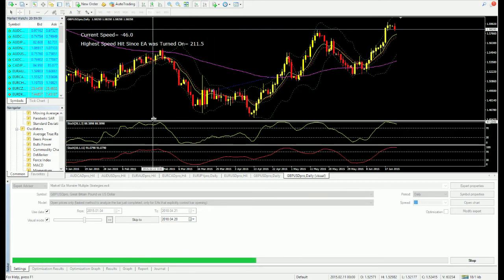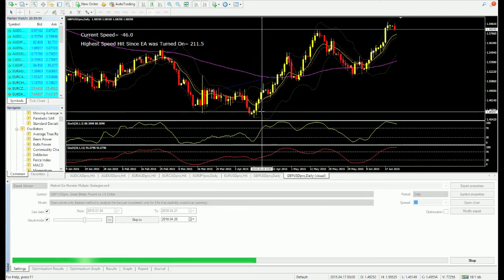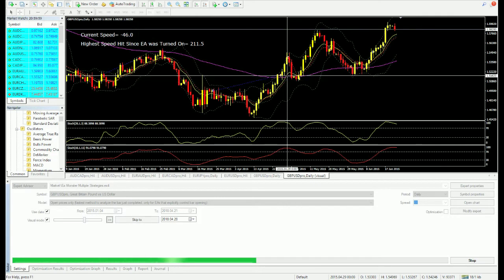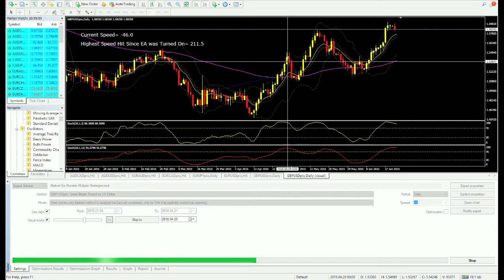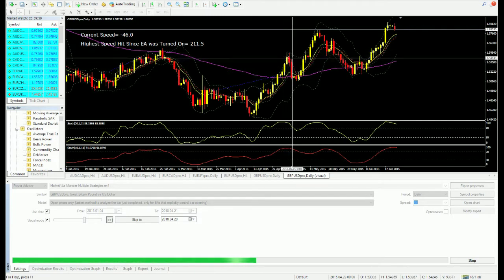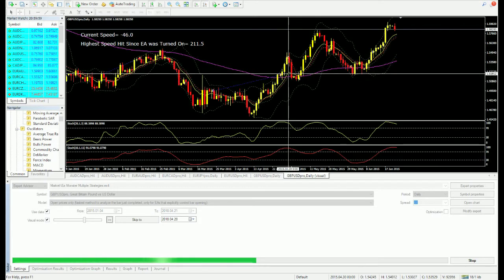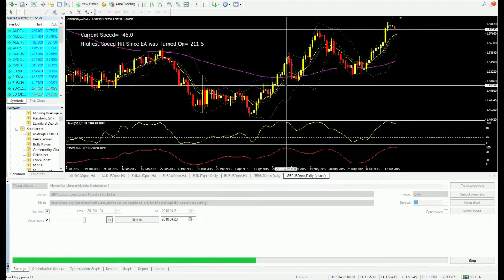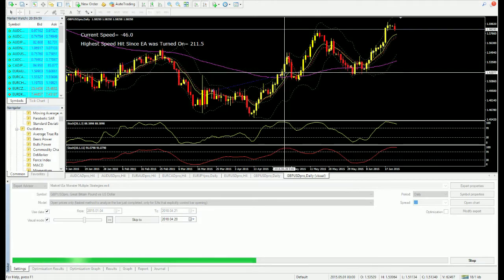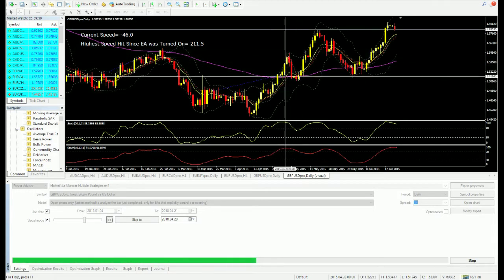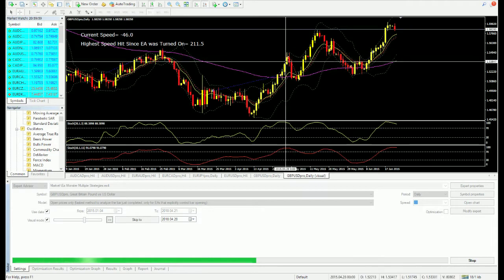Once in a while you'll see the yellow line will cross this purple line and will open a trade. Actually, this is it right here. If you see this red sell open here, it's this stochastic crossing up, which is an illogical way to trade, but the optimizer has shown me that the market loves illogical settings.